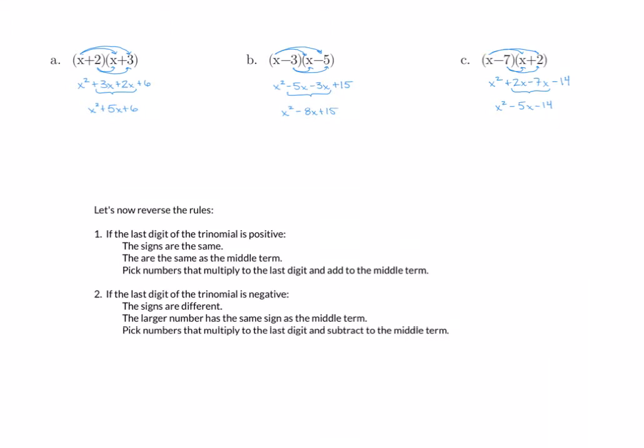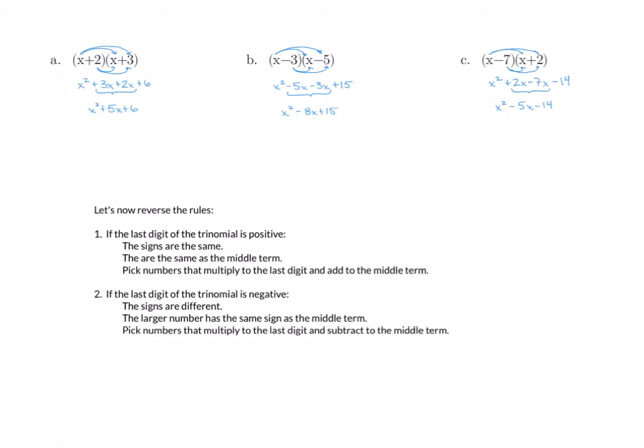So we want things that multiply to the last and combine to the middle. Since we are talking same signs, remember numbers with same signs, we add and keep the sign. So for this one, if we have same signs, we're going to pick numbers that multiply to the last digit and add to the middle term. Okay, that's our first category.